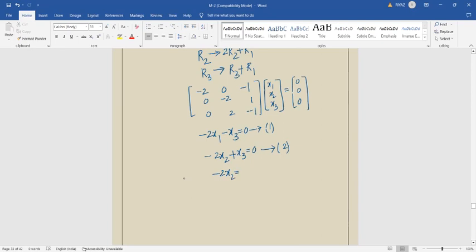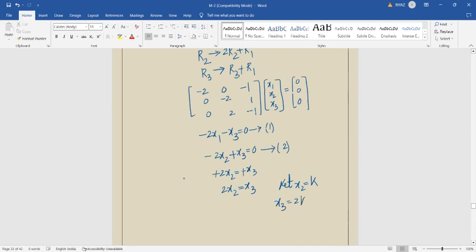-2x2 is equal to -x3. The minus and minus signs will cancel. It is 2x2 is equal to x3. There is a relation between x2 and x3. So we assume x2 is equal to k. If x2 is equal to k, definitely x3 becomes 2k.